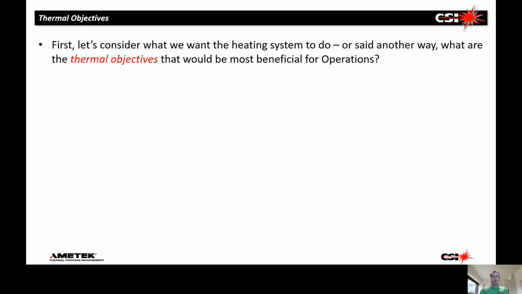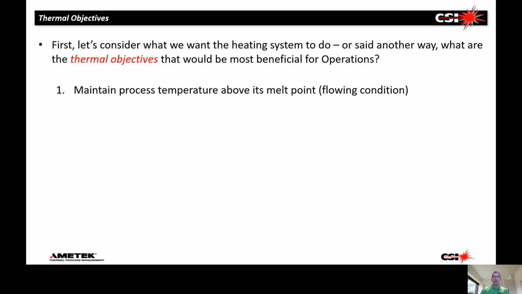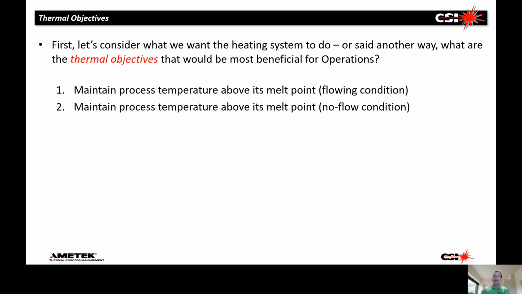So first of all, we need to look at what are the thermal objectives for this piping system. What's important to the plant relative to that liquid process that's moving in between these towers and downstream of these towers? Well, number one, maintaining the temperature of that process above its melt point is a great idea in a flowing condition and in a no flow condition.